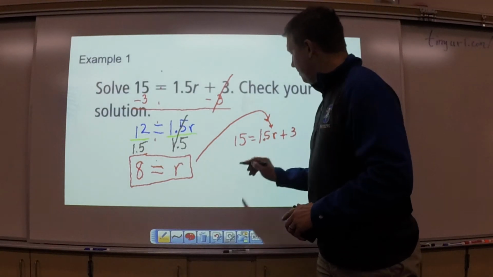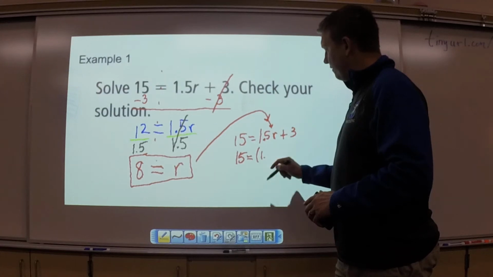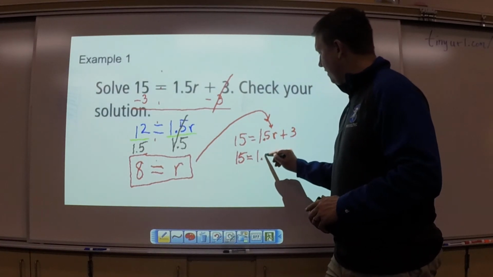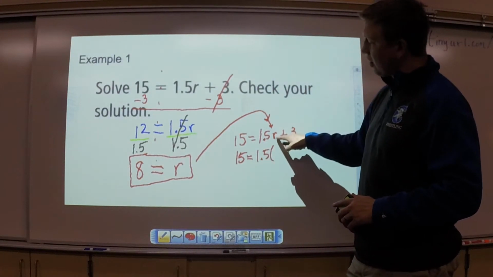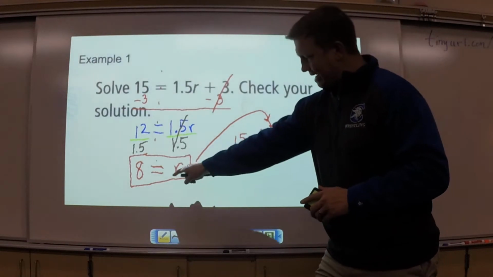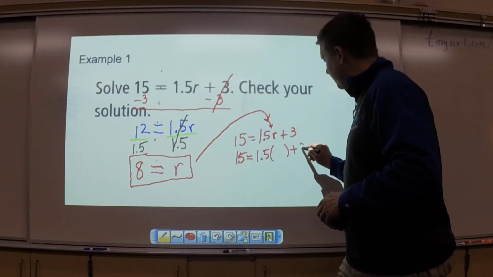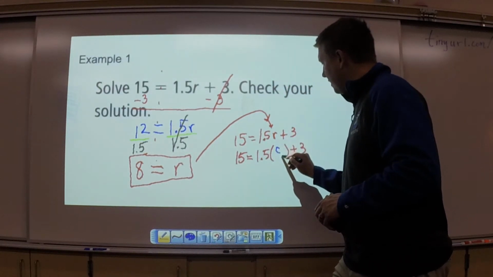I plug my value in, so it's 15 equals 1.5 multiplied by, and I leave an empty spot where the r is located so that I can put my 8 into that spot right there. Here, let's go plus 3, and then I'm going to put my 8 into this location right there.